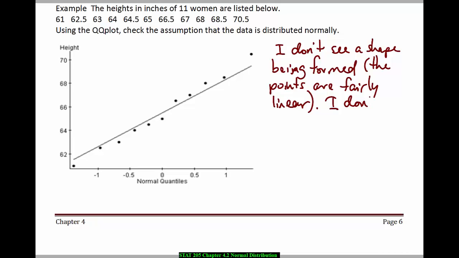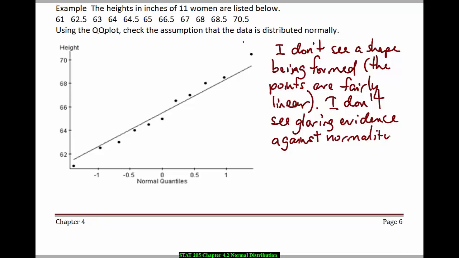So I don't see glaring evidence against normality. That is, against the assumption that the observations came from a normal distribution. So again, you want to stand far away, maybe squint your eyes. If you see basically a straight line, then you don't see much evidence against the assumption that the observations came from a normal distribution.